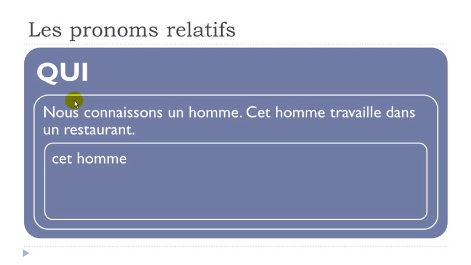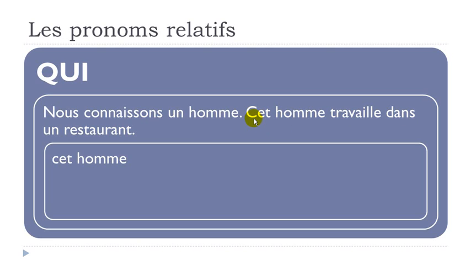In that case, well, we will use this pronom relatif, this qui, just because if you look carefully in the second sentence, cet homme travaille dans un restaurant, well, cet homme here is subject of the verb. And that's the reason why we'll use qui.